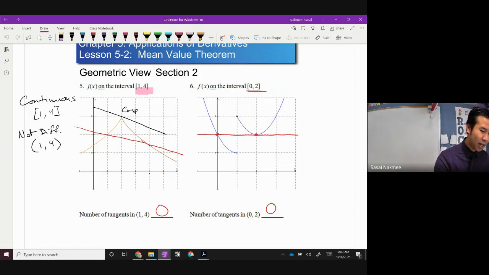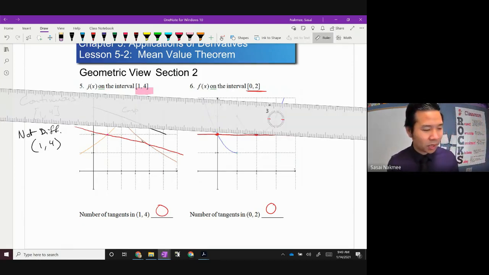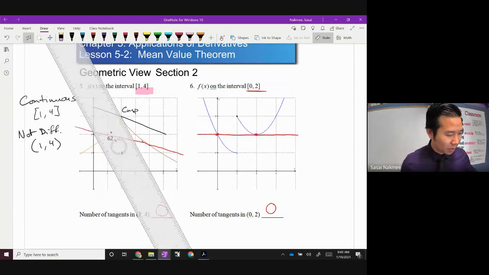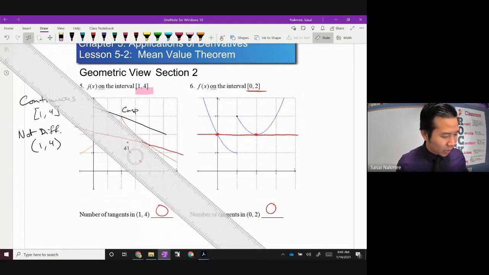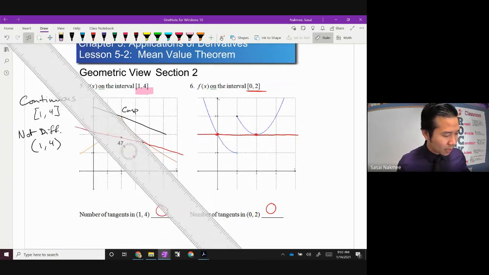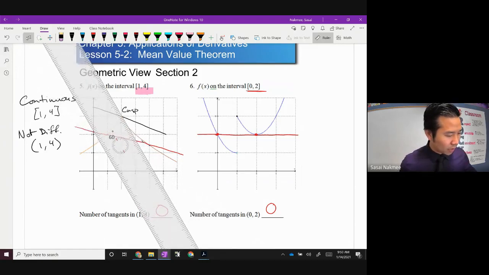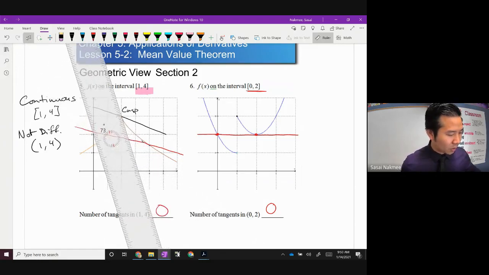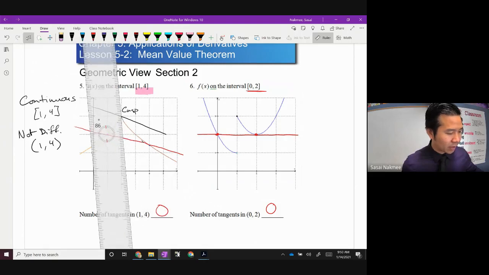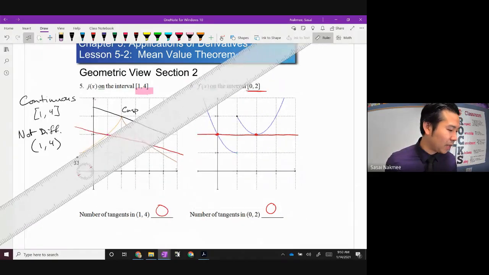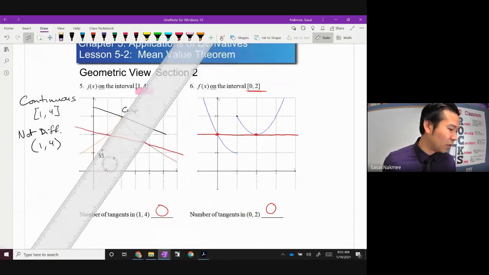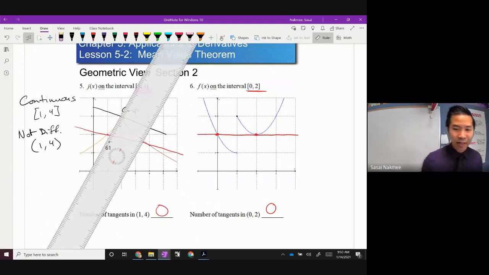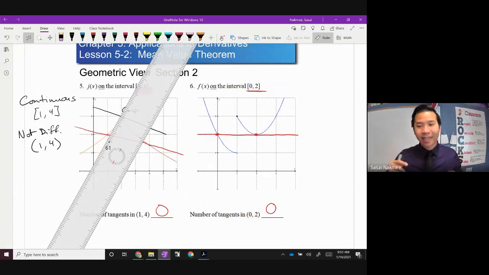Do you know what the tangent line looks like as it approaches the cusp? Do you guys remember? If you come from the right-hand side, the tangent line is actually approaching a vertical line as I get closer and closer to this point from the right-hand side. And as I get closer and closer from the left-hand side, it's getting closer and closer to a vertical line as well. So that tangent line isn't straight.